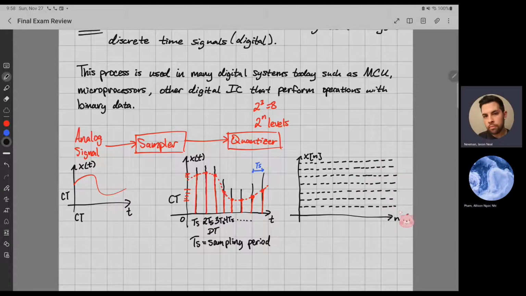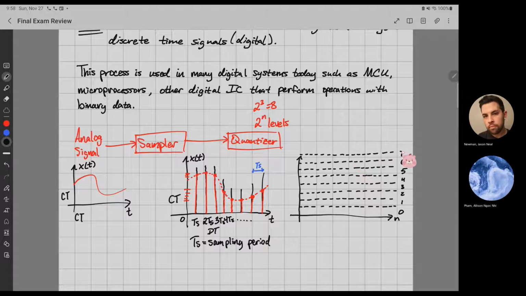Okay, so I didn't count, but let's see, this is 0, 1, 2, 6, and 7 up there. Okay, so let me try to recreate this graph. Let me superimpose this waveform on top of this quantizer graph.